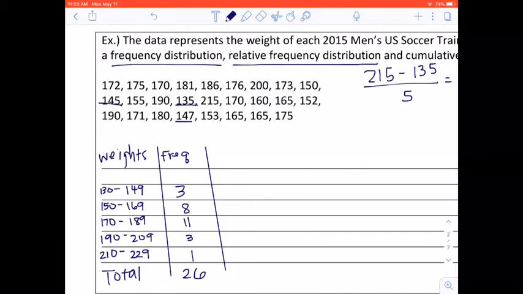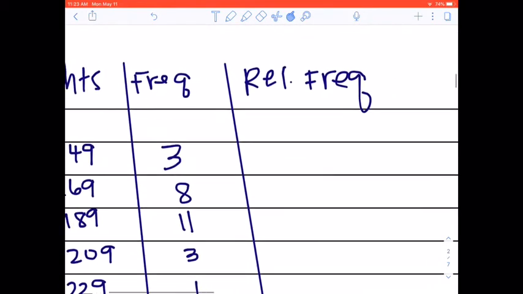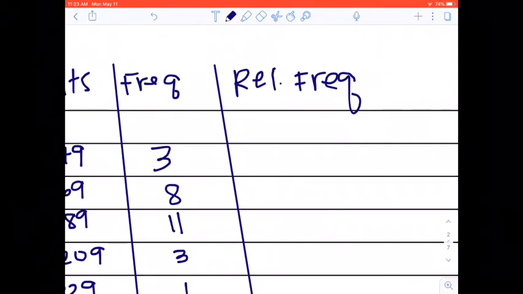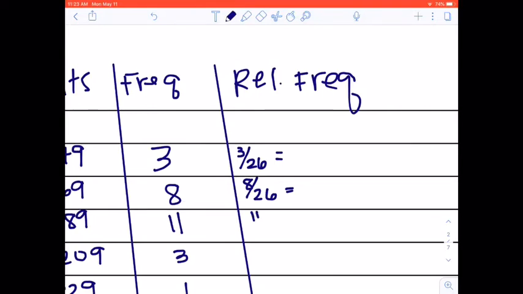So to find our relative frequencies, we need to take these values that we have for our frequencies and divide by the total. So I'll write it out for the first few. So the first one's going to be 3 divided by the total, which is 26. The next one's going to be 8 divided by 26, then 11 by 26, and so on.